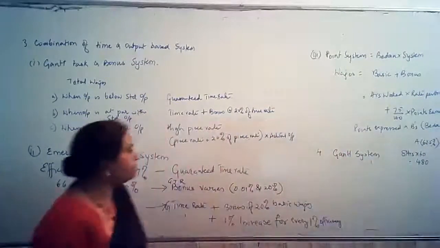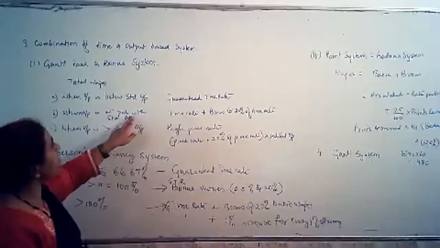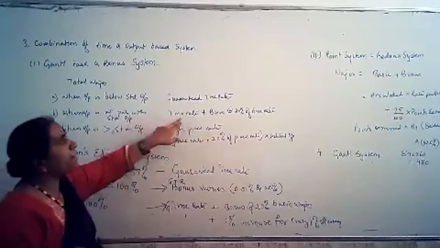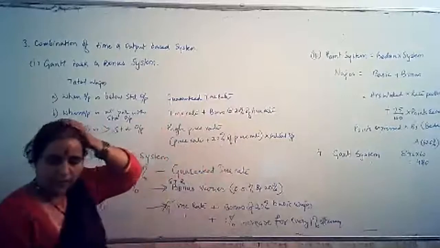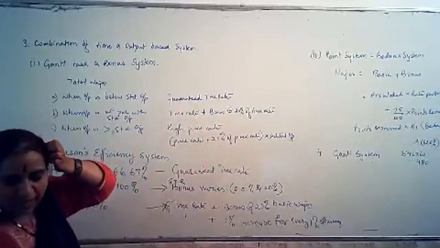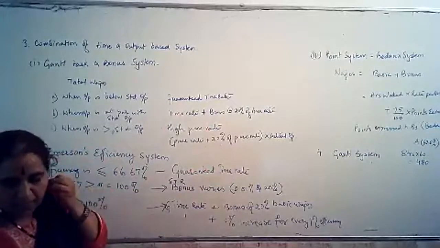For B, B is 100%. So exactly when it is at par with output, he will get the time rate plus 20% of the bonus. First calculate how much is the time rate he is supposed to get.